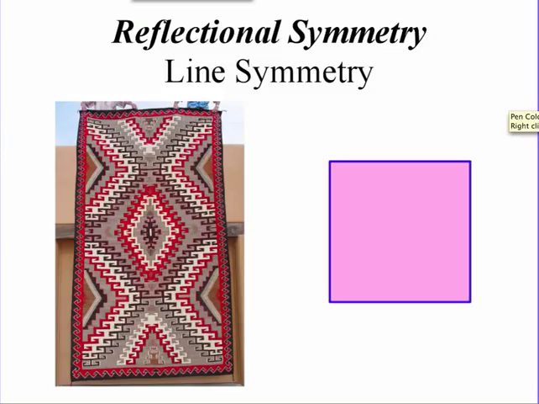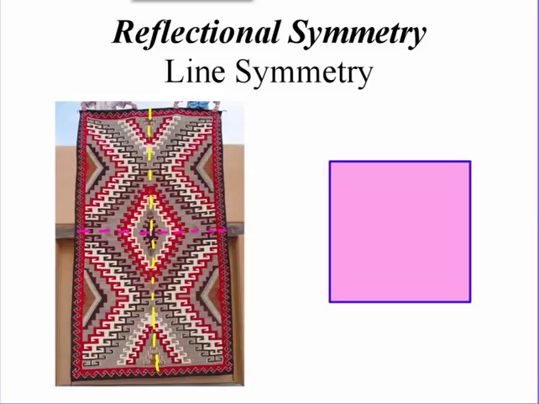Right down the middle. If I drew a line in right here, that rug is going to be identical on both the left and the right of that line. Is that the only line of symmetry that would work there? Where would be another line? The horizontal line, right. If I cut it right down the middle here, it's going to have horizontal line symmetry as well.